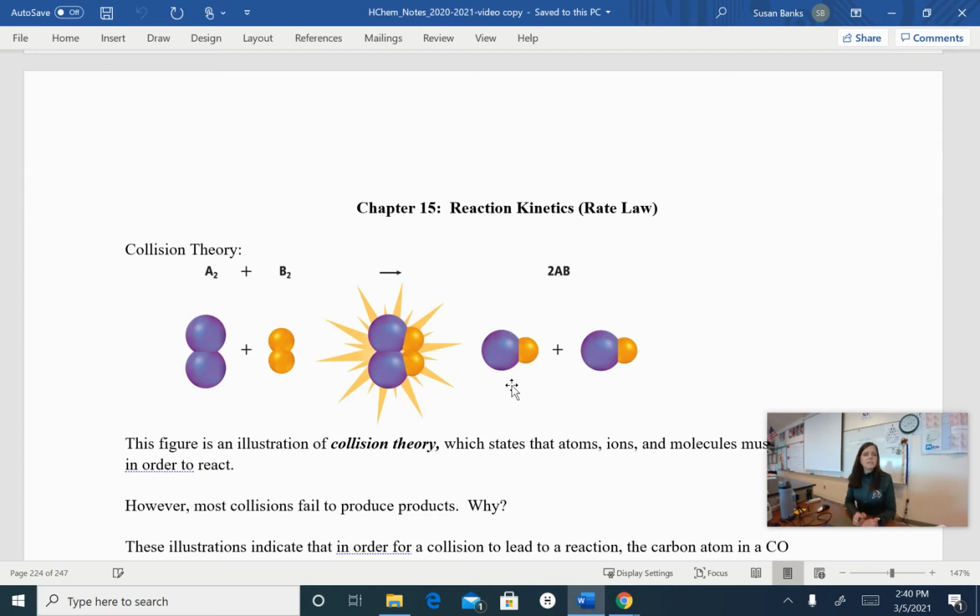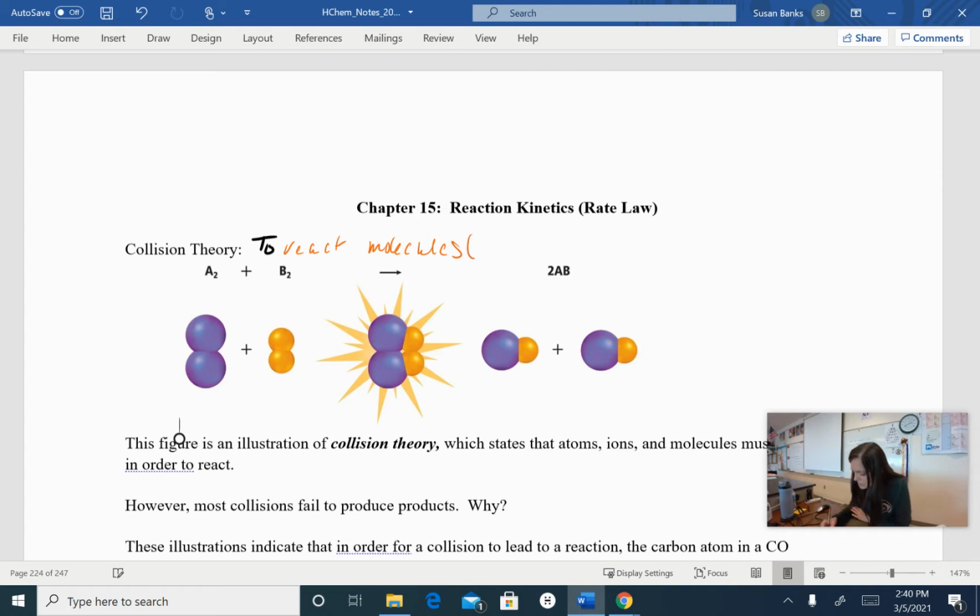So collision theory is basically the idea that in order to react, molecules actually have to collide with each other, okay? So to react, molecules, and they really could be molecules or atoms or ions as well, must collide with each other.